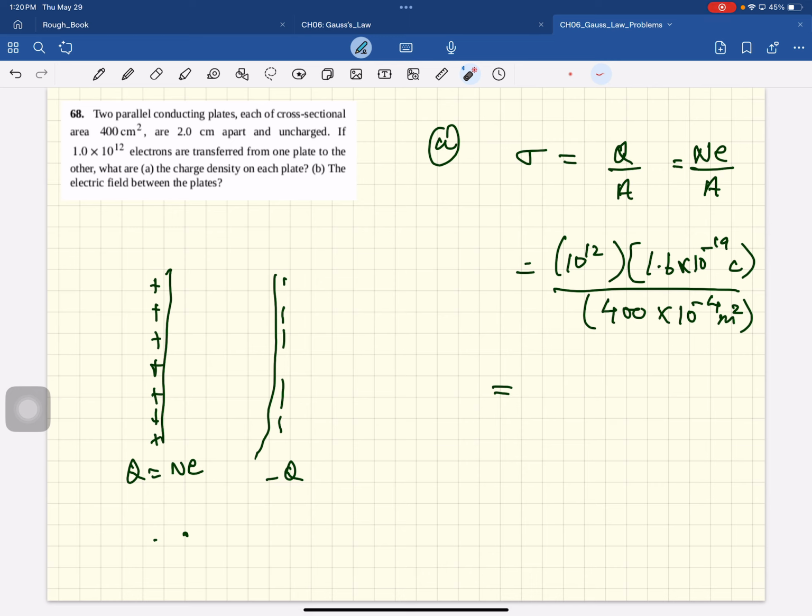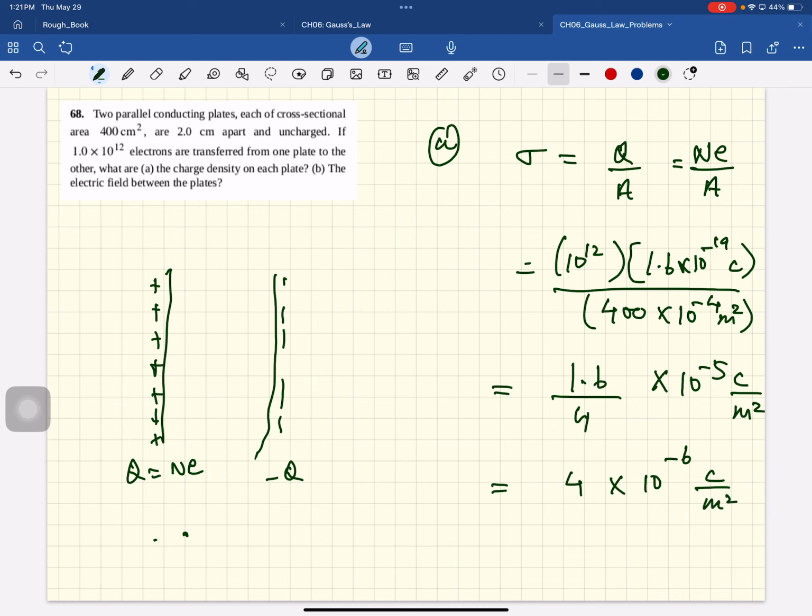Okay, so this is 10 to the minus 2, 10 to the minus 17, 10 to the minus 5. 1.6 divided by 0.4, so 4 times 10 to the minus 6 coulombs per meter squared. And that's the charge density.